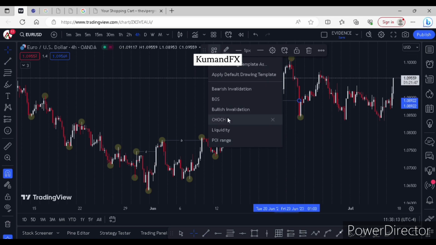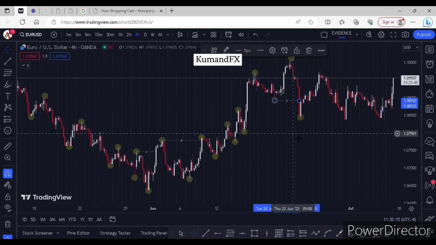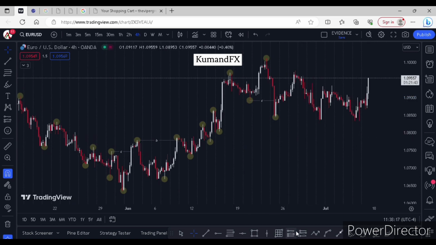Then price goes ahead to put in a lower high, right?